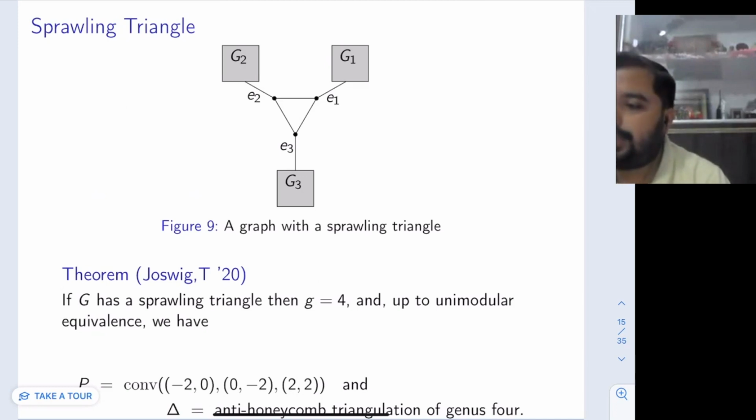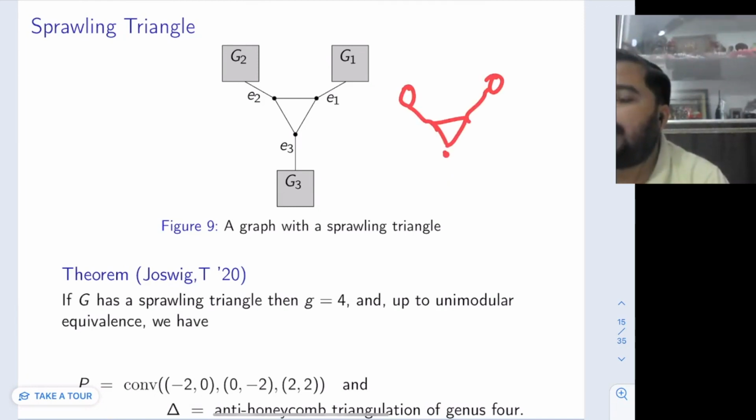And we refer to such a structure of a graph as a sprawling triangle, which is very similar to a sprawling graph. It's just that the node is replaced by a triangle. And the criterion that we show is that if your graph has a sprawling triangle, then the only case in which it's realizable is the one that I showed you in the first slide, the case when all these subgraphs are loops.